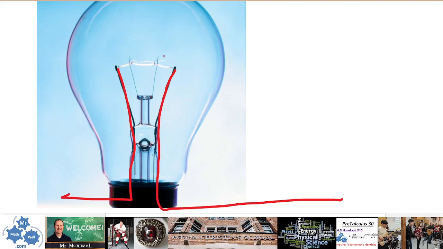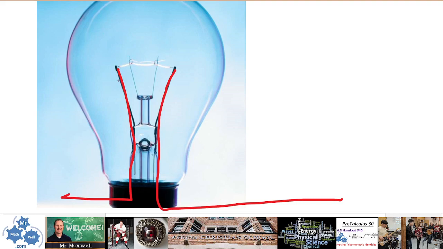Little light bulbs light up a whole room, and it comes from a tiny little filament, a tiny little piece of metal that the electricity is running through, and it glows so white hot that it gives off light. So heat and light would be a byproduct of this electrical energy discharge.